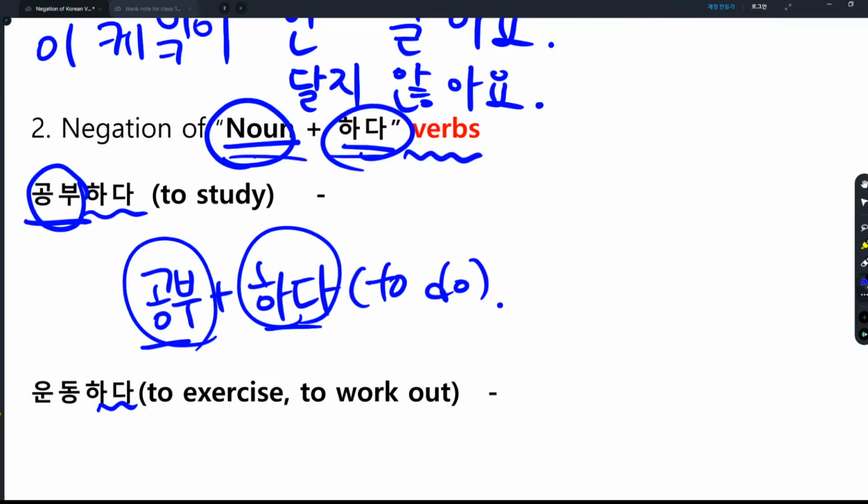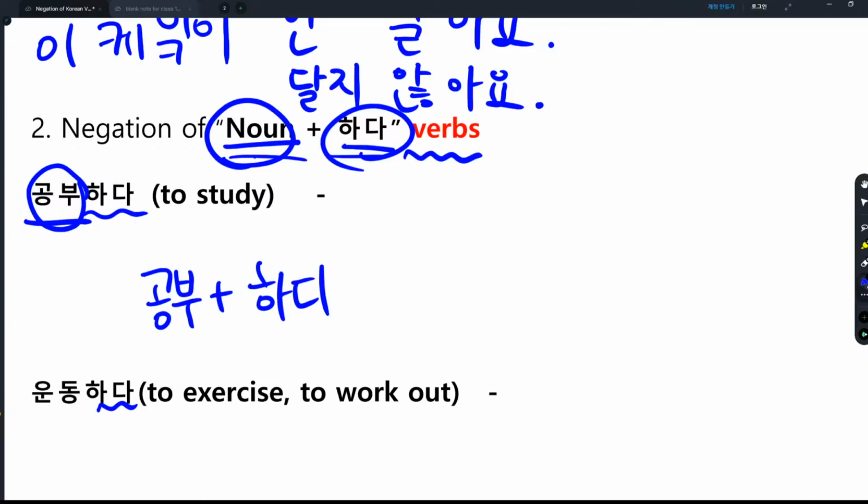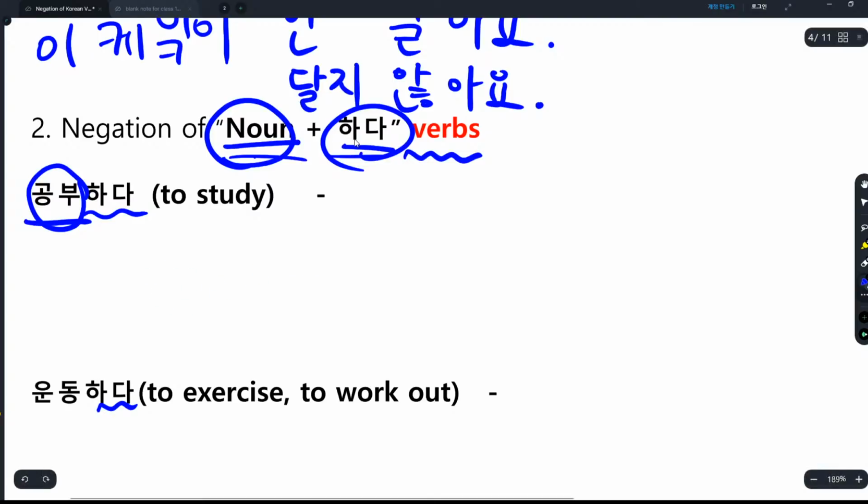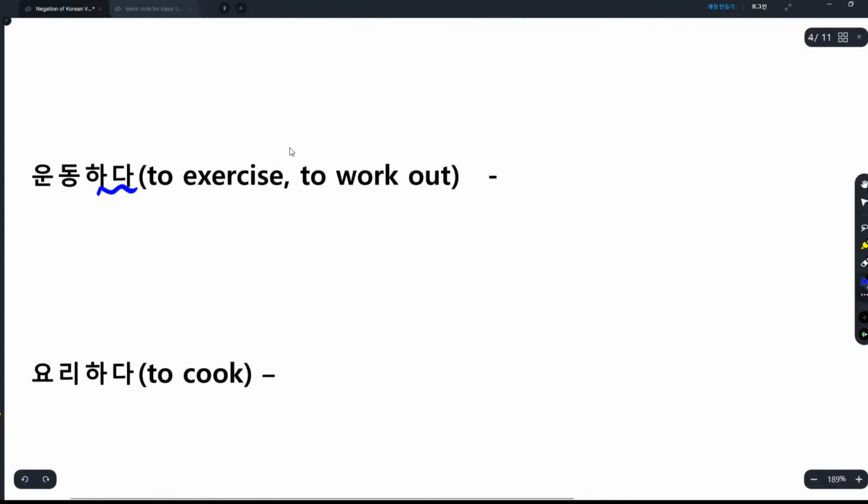So 공부하다 is one of the examples of the combination of noun and 하다. And same with 운동하다. 운동 is a noun that means exercise or workout. And 운동하다 would literally mean to do exercise, and when they're combined, they become a full verb that means to exercise or to work out.